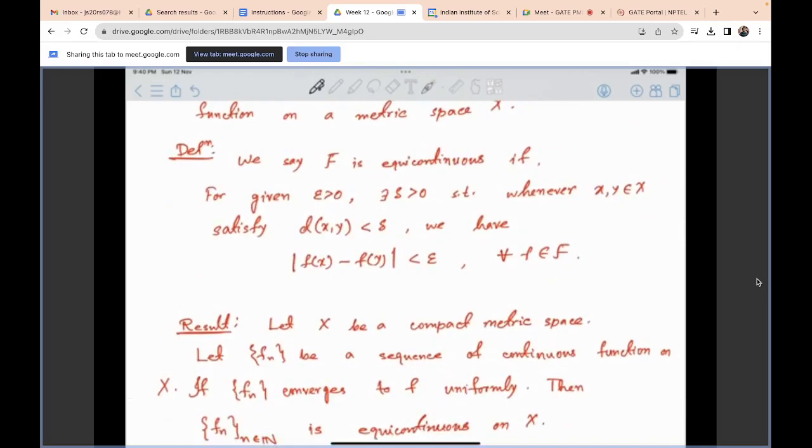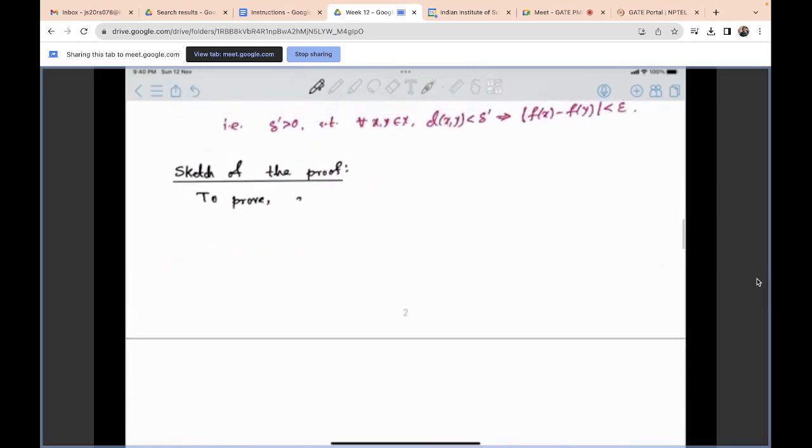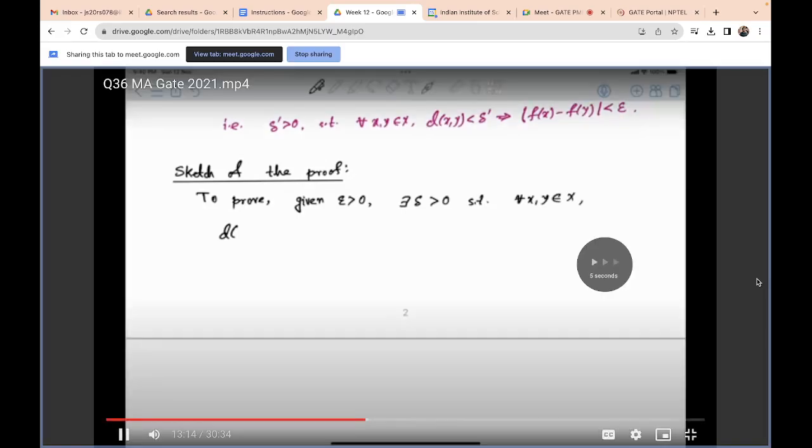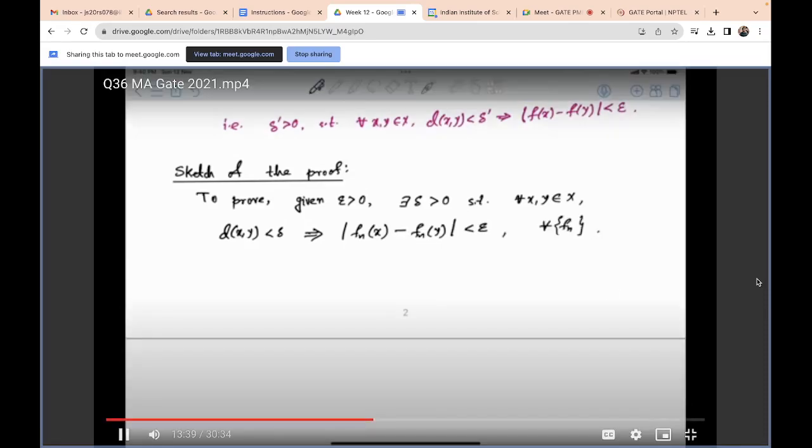To prove that, given epsilon greater than 0, there exists delta bigger than 0 such that whenever x and y belong to X with distance of x and y less than delta, |fn(x) minus fn(y)| is less than epsilon, for all n. So this you have to prove.